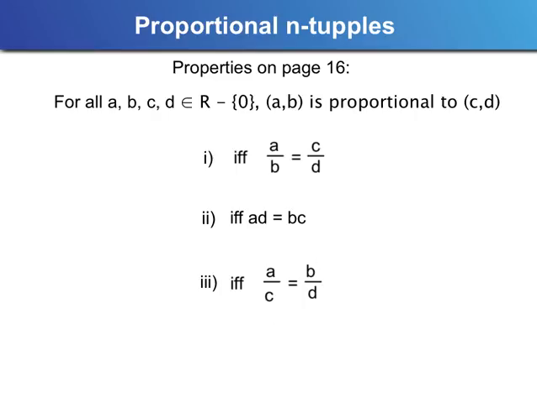And finally, if you notice I take A over B, I can change it around like so. These ratios are also proportional. A over C, first component over first component, is equal to B, second component, over D, second component.